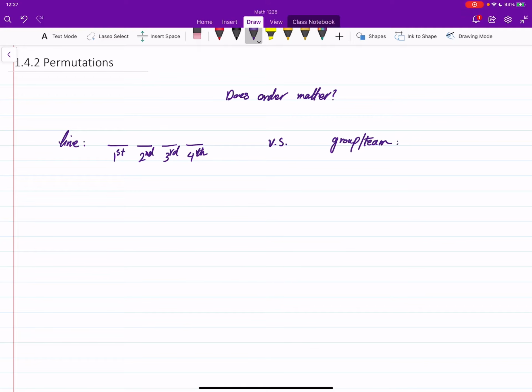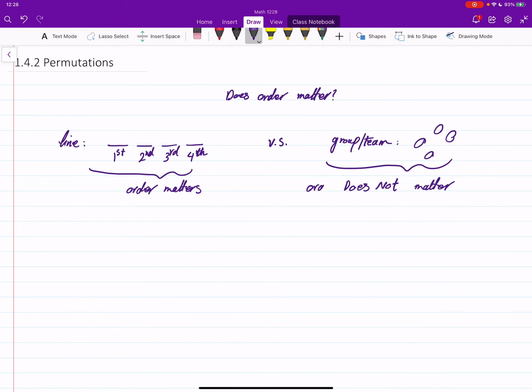Then in that case, you just have a bunch of people together and you call them a team, yes? So there is no first one or second one or third. There is a group of 4 people there. So in the line case, the order matters. In the team case, it does not matter.